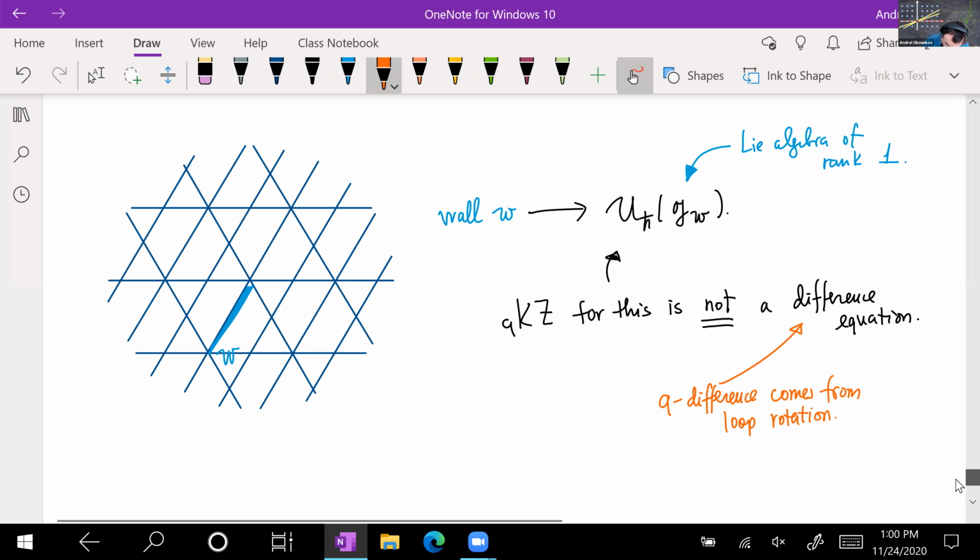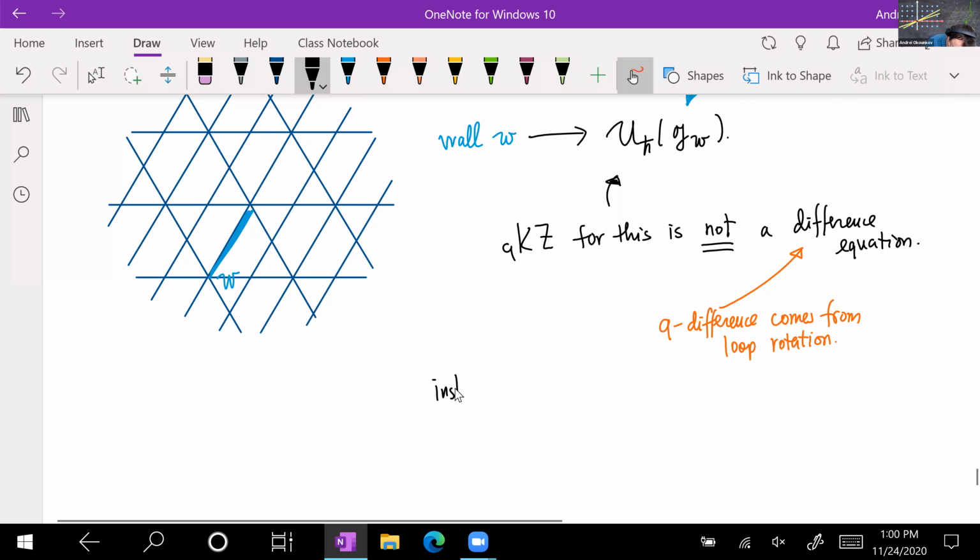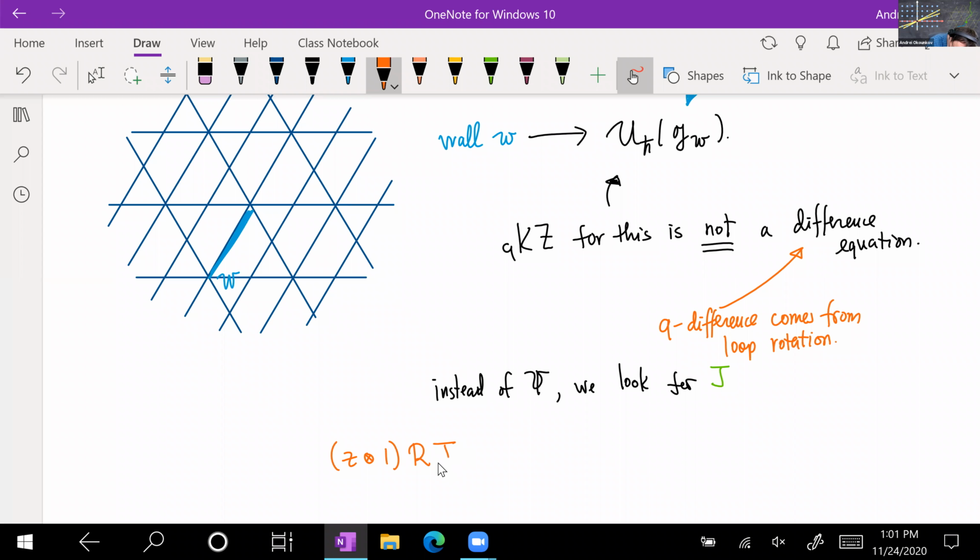This means instead of psi, which is the solution of QKZ, we look for what is traditionally denoted J, and J solves the equation that if some Z tensor 1, so to speak, R matrix acting on J is J, then Z tensor 1, and then the R matrix at 0, which is that part, is just H bar to some power.